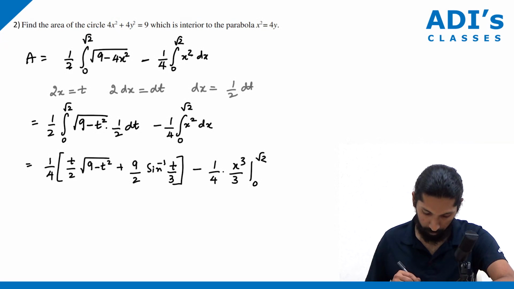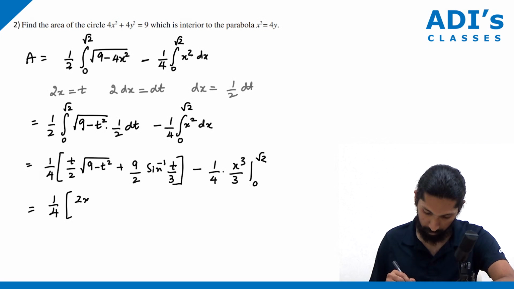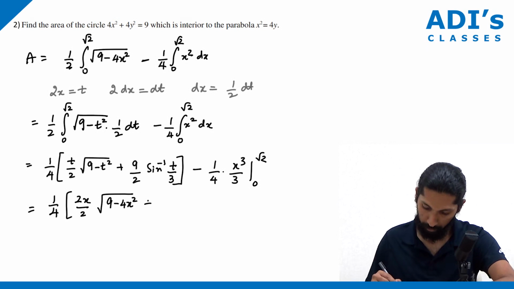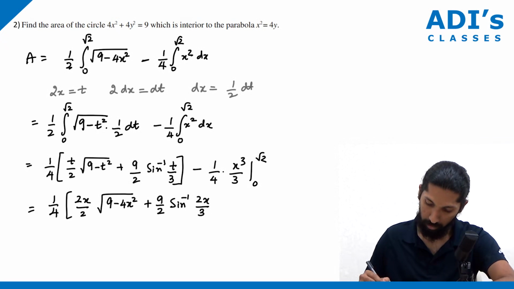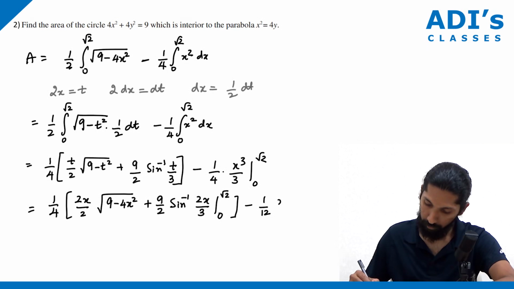Now if you substitute back, 1 by 4, 2x divided by 2 into root of 9 minus 4x square plus 9 by 2 sine inverse of 2x by 3, from 0 to root 2, minus 1 by 12 x cube from 0 to root 2.